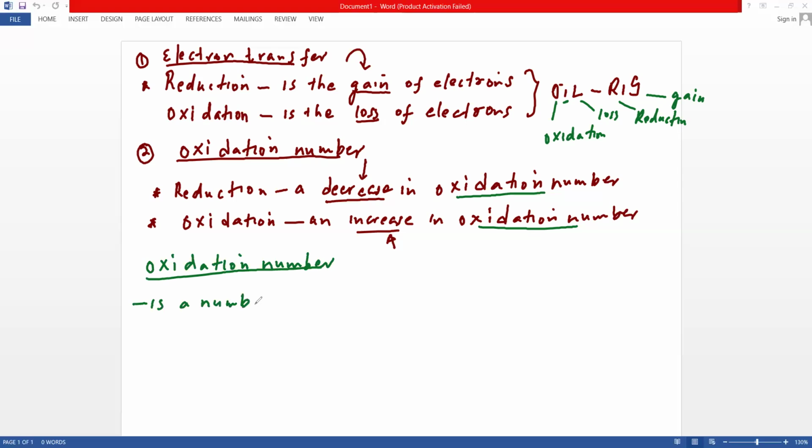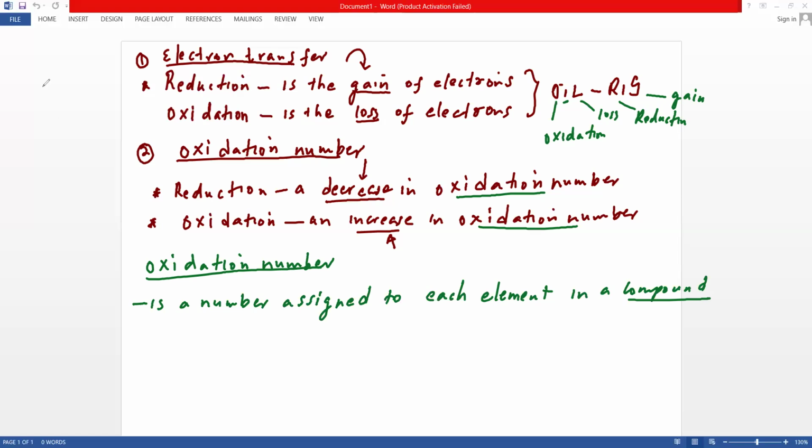The oxidation number is a number assigned to each element in a compound, but not only in a compound, we can also assign an oxidation number to a pure element. So it's a number that is assigned to each element in a compound. It's called an oxidation number.